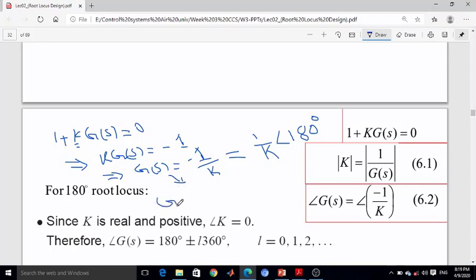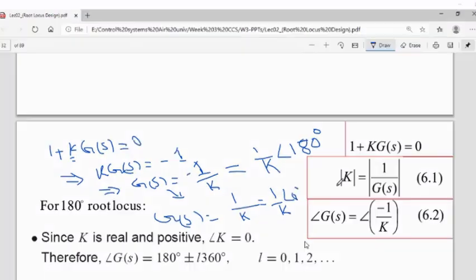It changes to minus 1 over negative k, which eventually gives us plus 1 over k, and we can think that 1 over k is with an angle of 0 degrees.